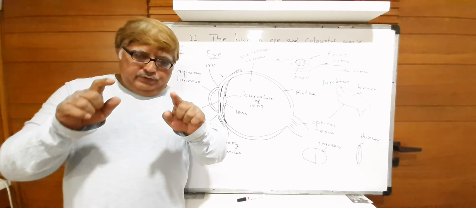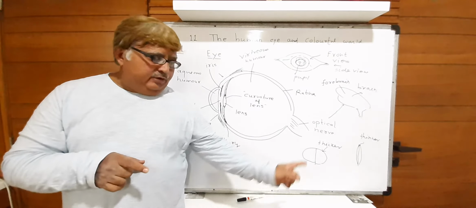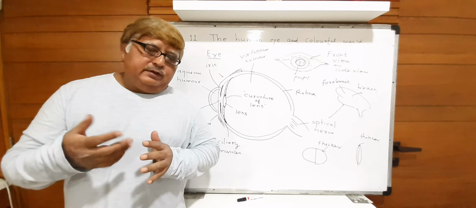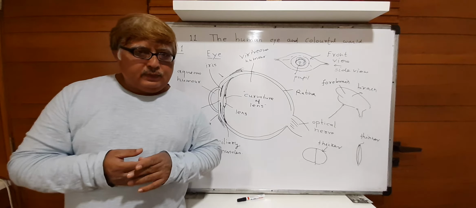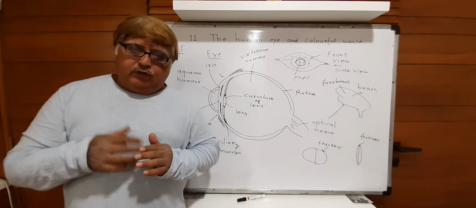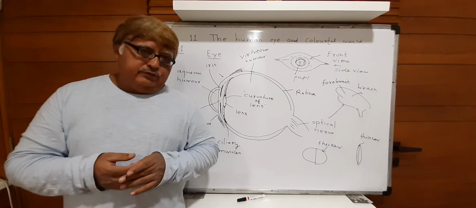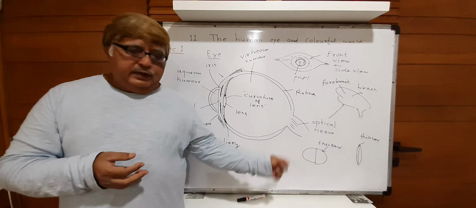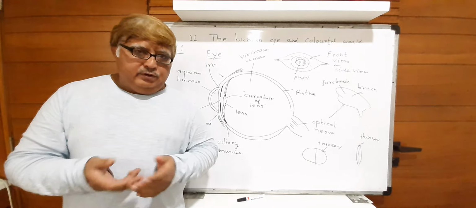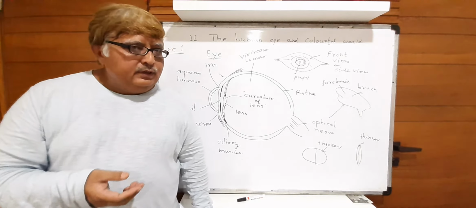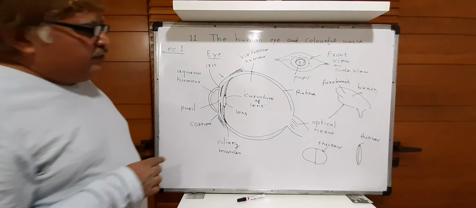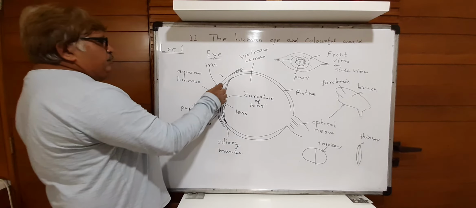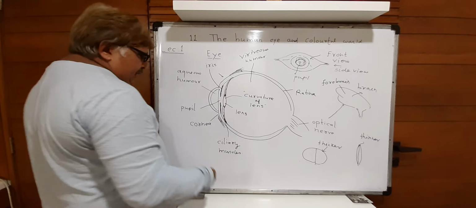Because the curvature of the lens increases, it becomes thicker and its focal length decreases, and you are able to visualize the nearby object clearly. So that is actually called power of accommodation. Which word do we utilize? Power of accommodation.